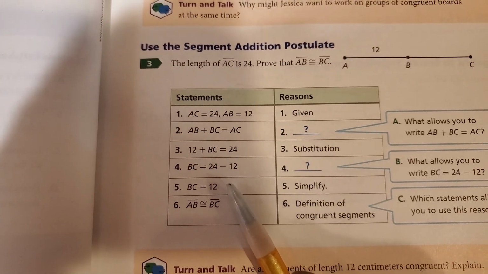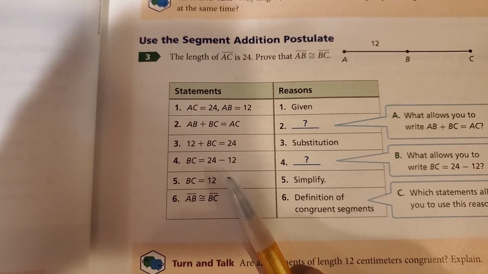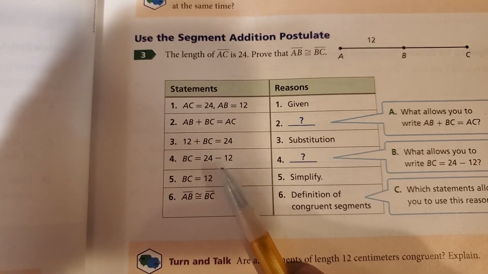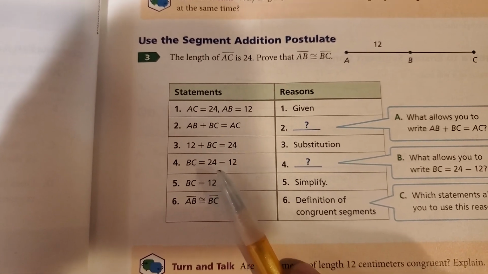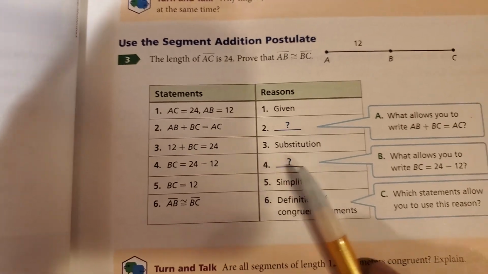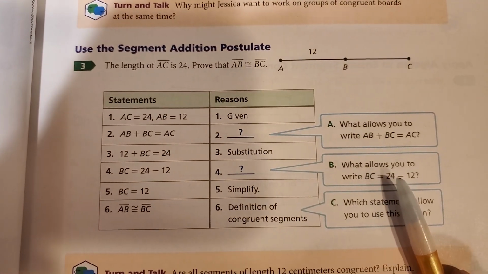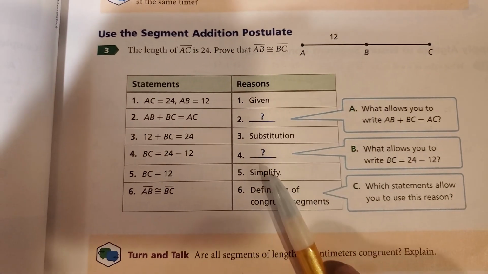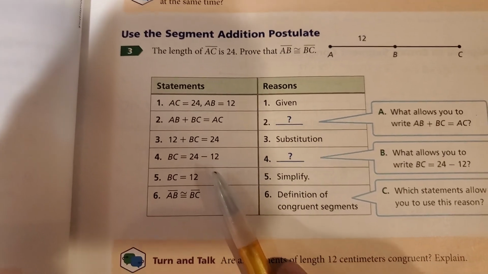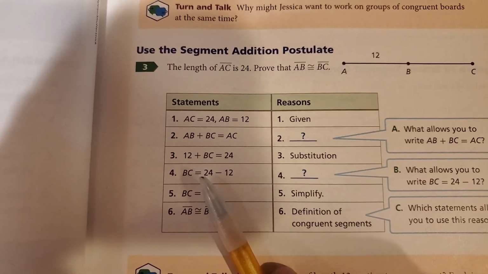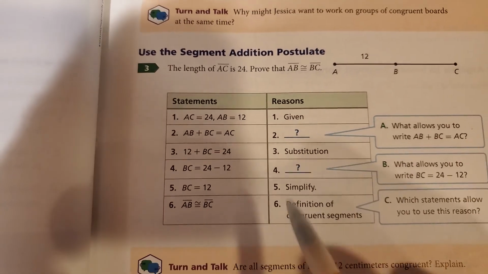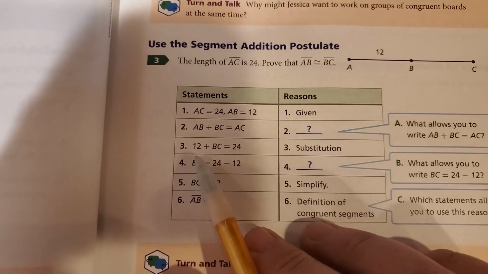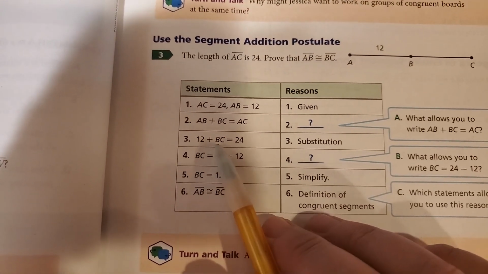All right, that gets us up to this fourth step. Now in the fourth step, they have BC equals 24 minus 12. And they want to know what allows us to write that. So what's the reason we would put here? If you see what they did here, in the previous step, we had a 12 over here with the BC.